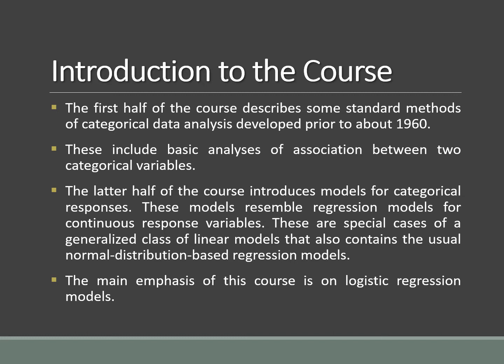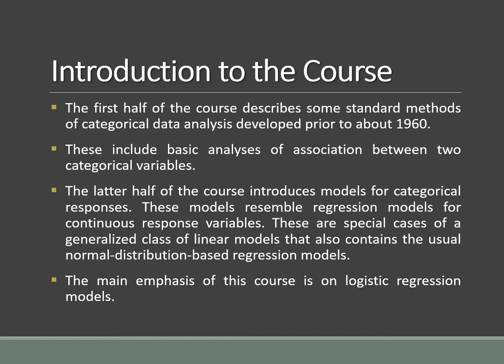Just to give a brief background of the course, the first half describes some standard methods of categorical data analysis developed prior to about 1960. These include basic analysis of association between two categorical variables or even three variables, usually in the form of tables. The latter half of the course introduces models for categorical responses.